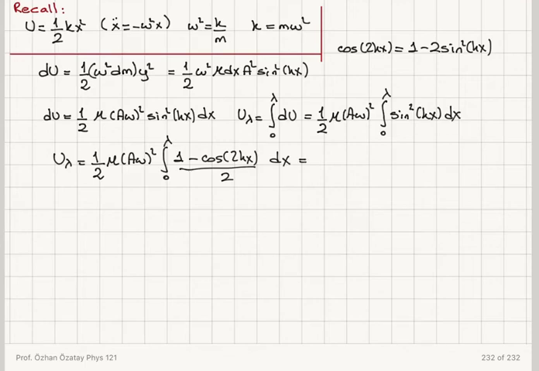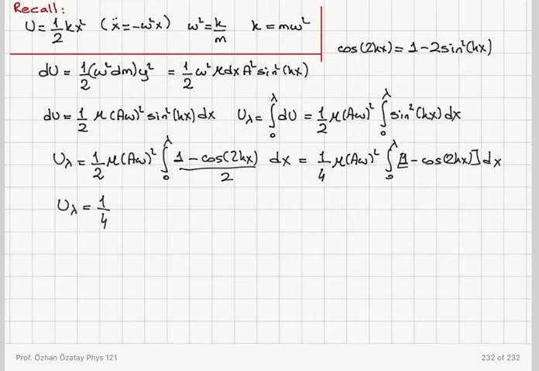So this will be equal to 1 over 4 mu a squared omega squared integral from 0 to lambda of 1 minus cosine 2kx dx.